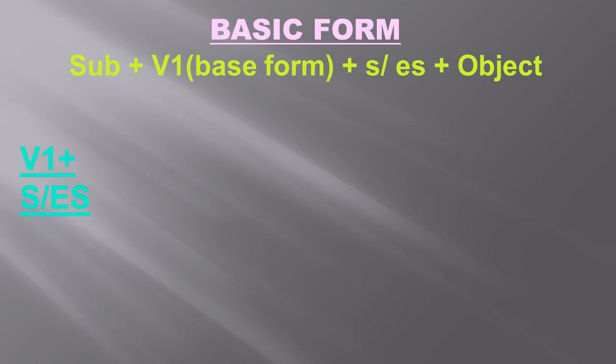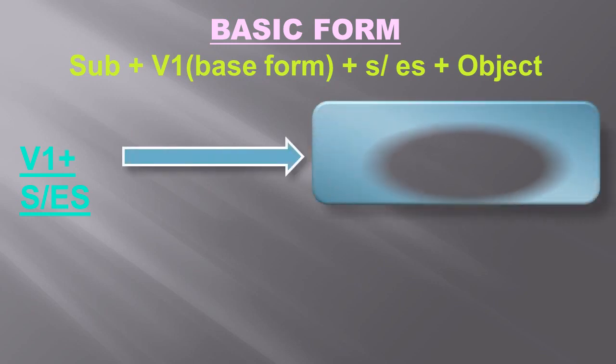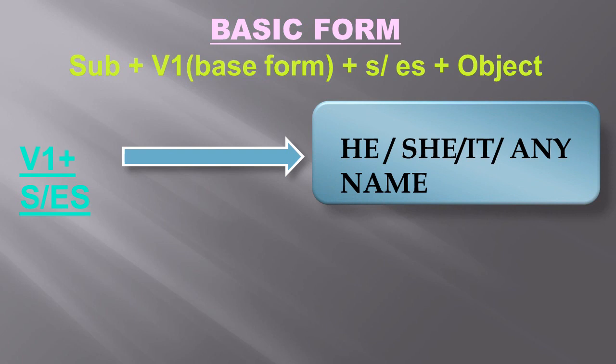So let's see with which subject we will be using verb first form with s or es. Verb first form plus s or es will be used with he, she, it or any name. That means third person singular.